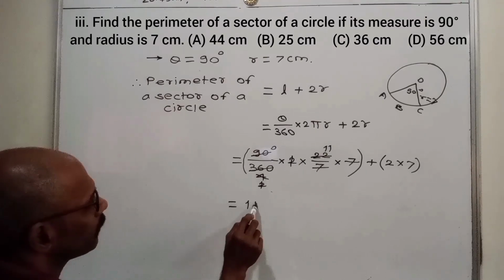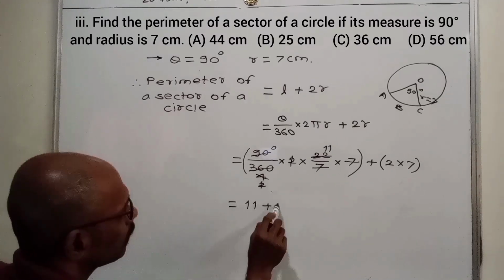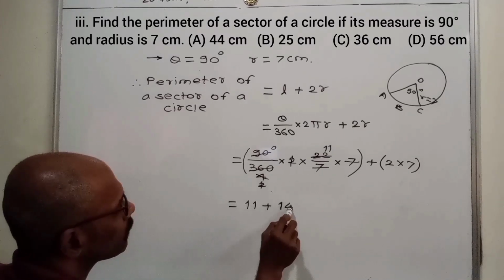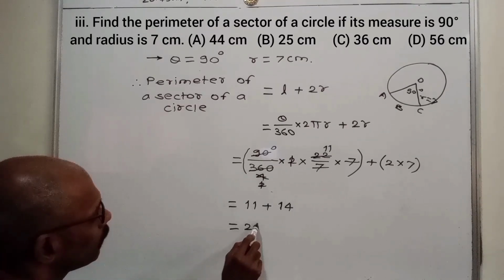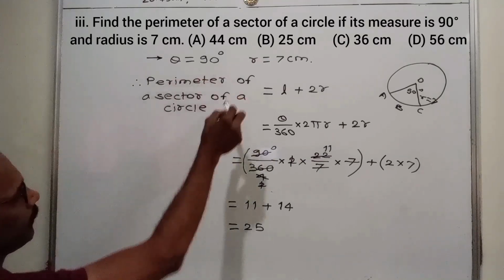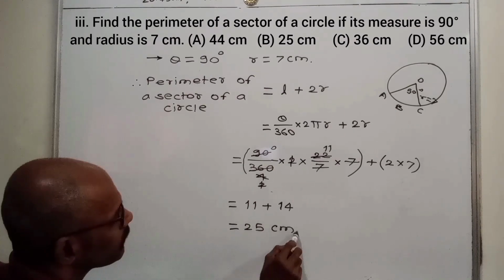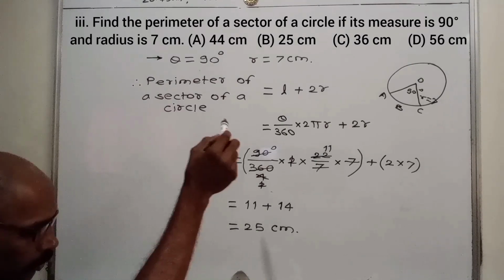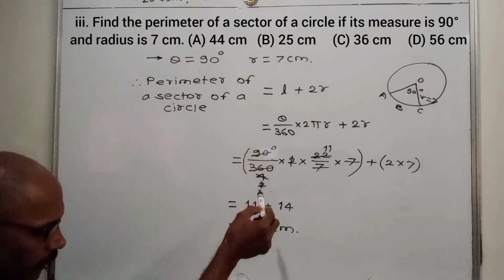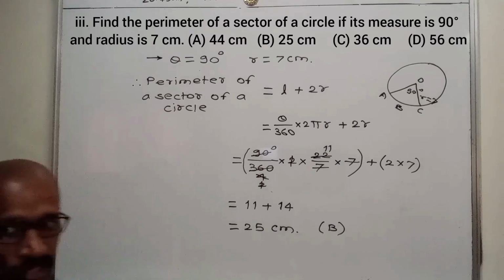Therefore 11 plus 2 into 7, 14, is equal to 25. Perimeter is in centimeter because radius is in centimeter. Therefore the perimeter of a sector of a circle is 25 centimeter. This is our option B.